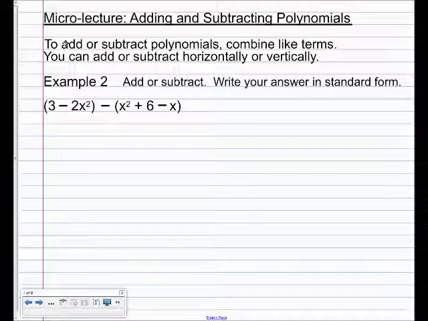All right, let's look at example 2. I'm going to show you the way that I do it, and then I'll show you a couple other ways. I don't care, whatever you feel comfortable with.